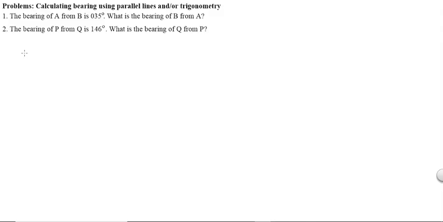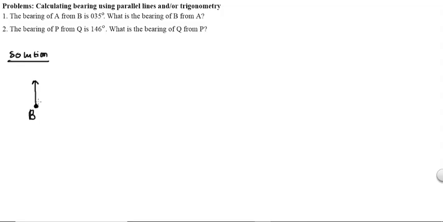The first thing we want to do here is to write our solution. The bearing of A from B is 035 degrees. What's the bearing of B from A? This is a true bearing question. Since it is A from B, B is the key point we're looking at. So let's assume that point B is here, and the north is towards the top.